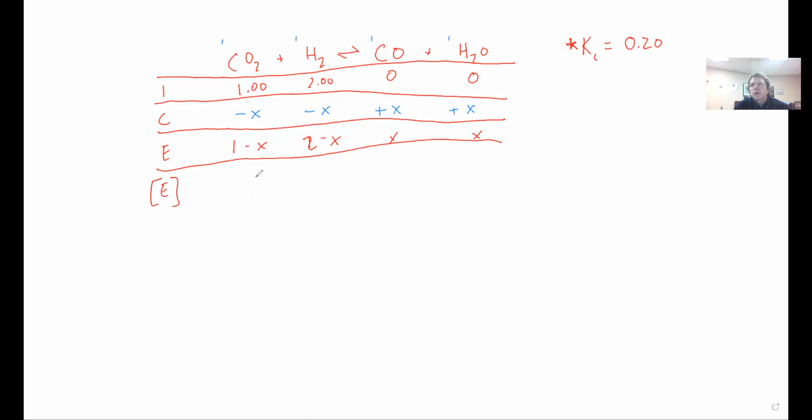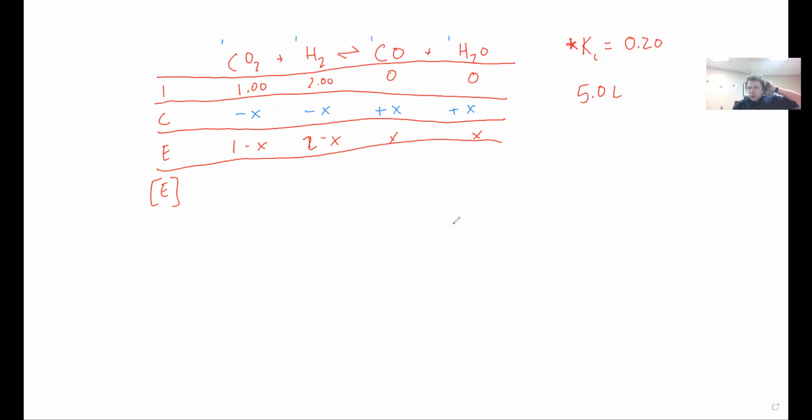So what we need to do is figure out the concentration of our different species at equilibrium. Well, carbon dioxide we have 1 mole, but if we want to figure out our concentration, we have to have a volume. And as it turns out, we are given that. This is all taking place in a 5.0 liter canister or container or reaction vessel.